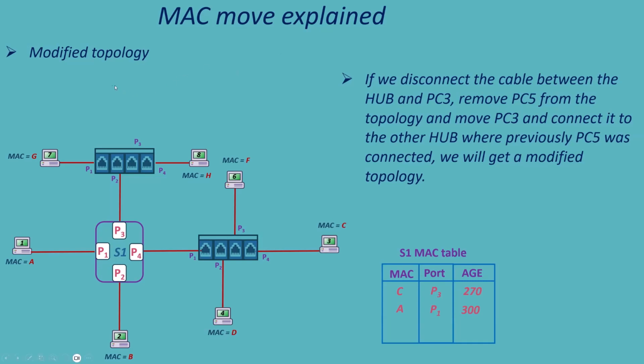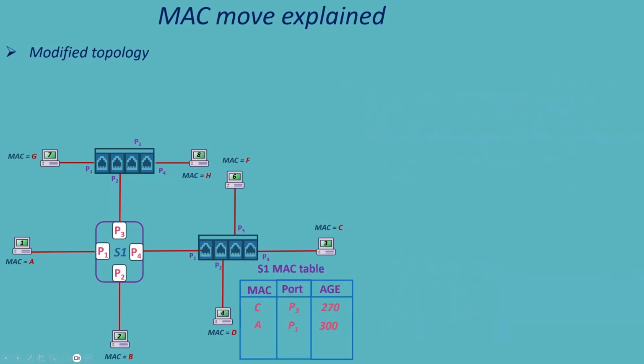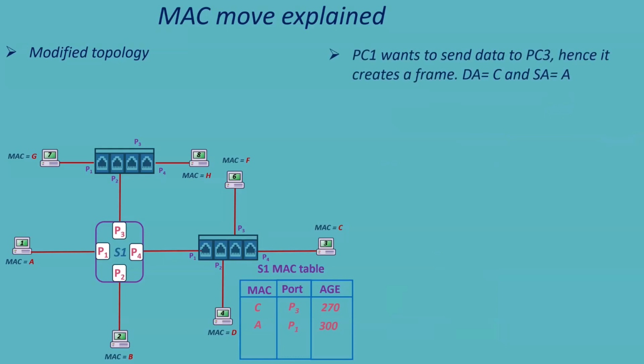So let's see what happens. We have disconnected the cable and moved PC3 from this port of this hub to port P4 of the other hub. In this scenario, if PC1 sends data again to PC3, its intention is to send to PC3.